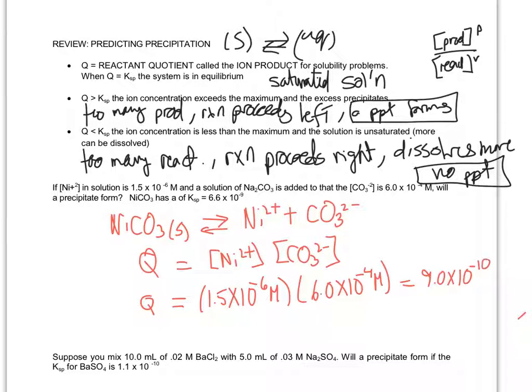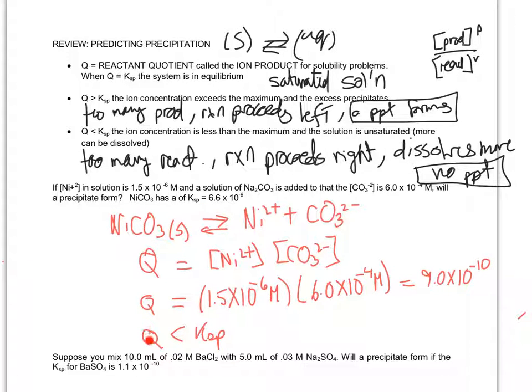And so once you calculate your Q, you compare your Q with your K. So let's see, my KSP is 6.6 times 10 to the -9th. My Q is smaller than that. So Q is smaller than KSP, which means what I have right now is too small compared to what it should be at equilibrium.